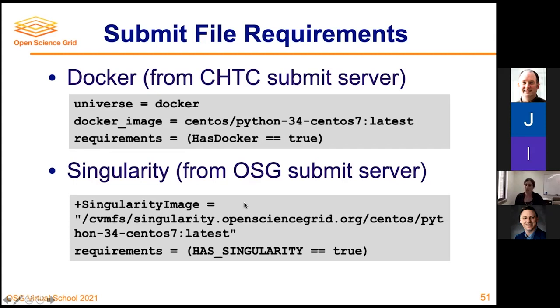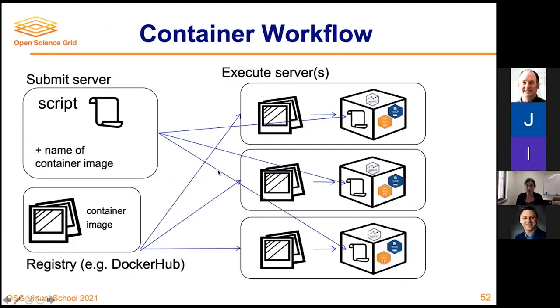There's nothing in your scripts or code that needs to refer to Docker or Singularity. Your script on its own is still the executable. You've given the image information to Condor. And so what it will do is pull the image from wherever was indicated, Docker Hub, a private repository, whatever. It will pull the image to the execute server, start it, and then put your script inside and execute your script.